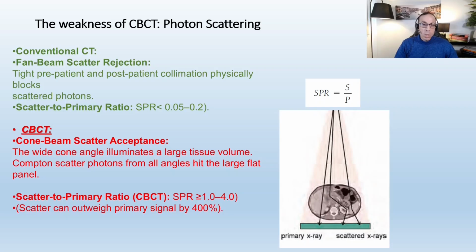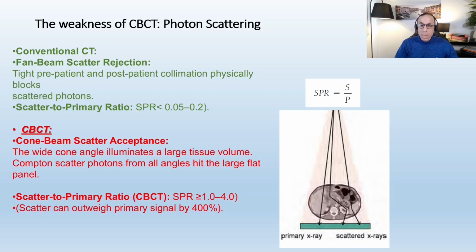In CBCT, the wide cone angle illuminates a massive volume of tissue simultaneously. So this triggers widespread Compton scattering events. These scattered photons travel in all directions and strike the large flat panel detector alongside the primary photons.